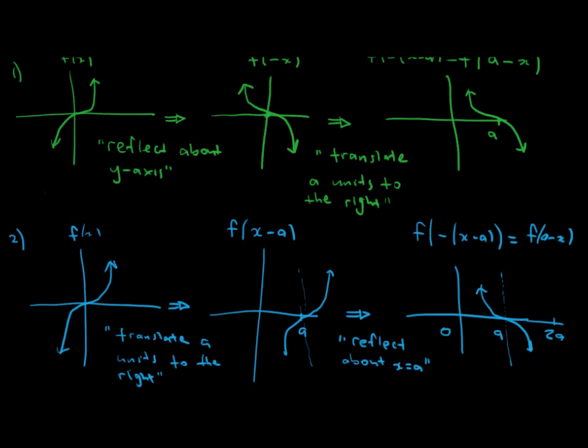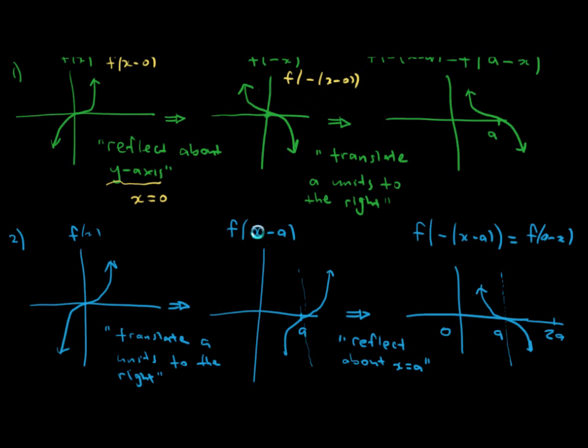Interestingly, up here, when I reflect about the y-axis, that's actually the line x equals 0. And interestingly, I can think of this transformation as going from f of x minus 0 to over here becoming f of minus x minus 0.